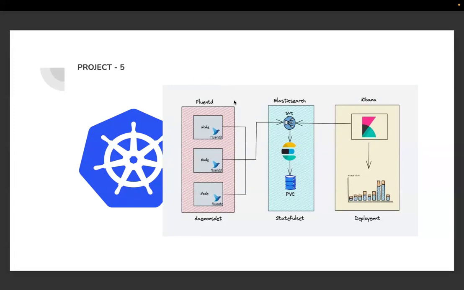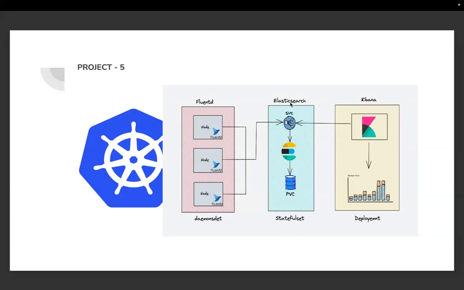There is going to be a Fluent Bit deployed as a daemon set. What a daemon set is, we are going to see in the Kubernetes cluster. This pod is going to fetch the logs from the applications deployed into the Kubernetes cluster, and the logs will be sent to Elasticsearch.